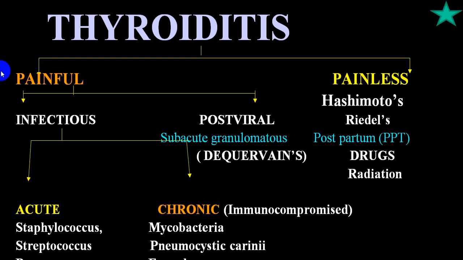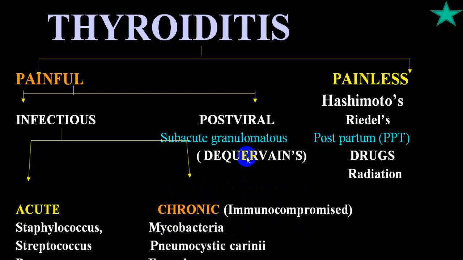Among thyroiditis, it can be painful, it can be painless. Among painless, Hashimoto's, Riedel's, postpartum, drug-induced and radiation, those are the common groups. While painful are usually infectious, and in this infectious, acute, which are mainly bacterial, or can be chronic, which can be Pneumocystis carinii, mycobacterium, fungal, mainly in an immunocompromised host.